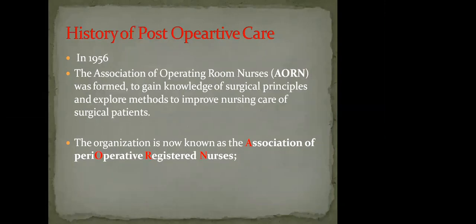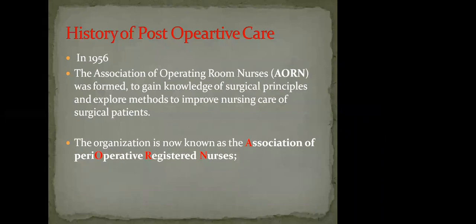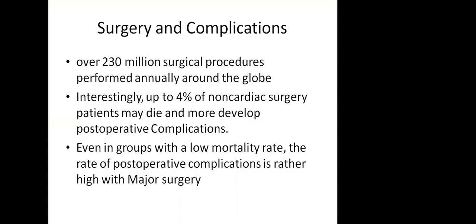History, when we find out the history of postoperative care, it starts from 1956, when the Association of Operating Room Nurses formed and made a group to gain the knowledge of surgical principles and explore methods of improving nursing care, particularly for surgical patients. Because worldwide, 230 million surgical procedures are performed annually.